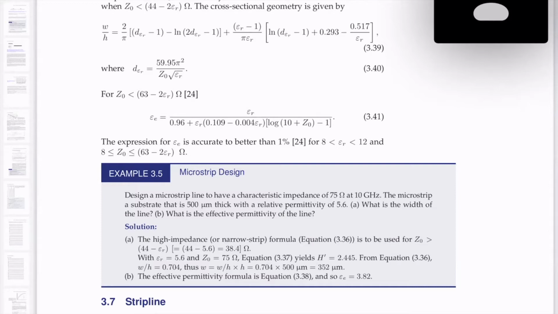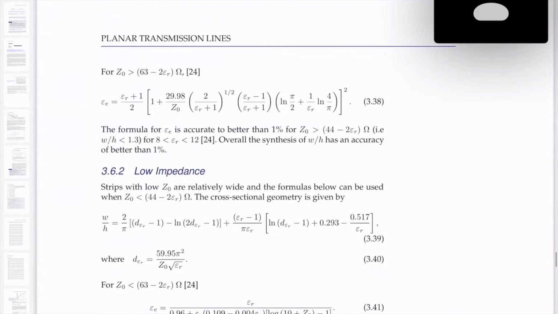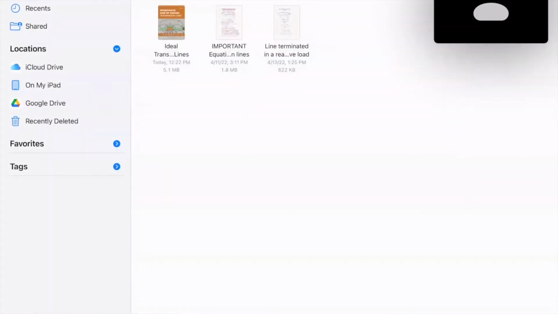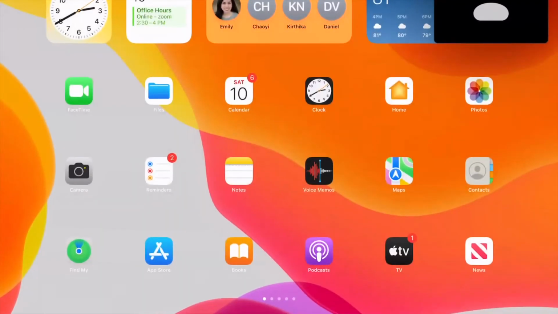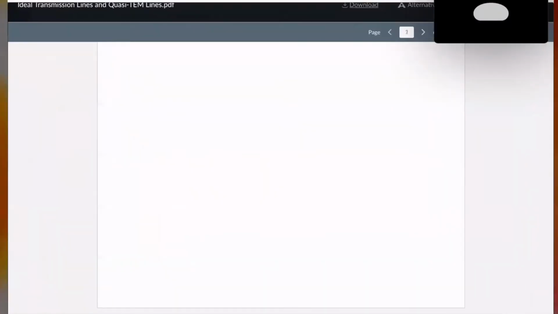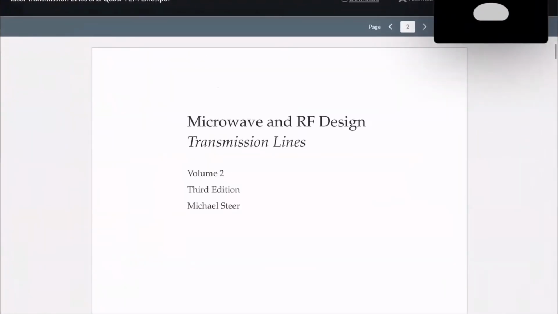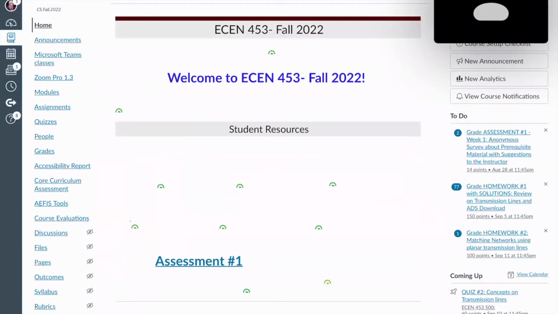I will practically solve a problem similar to problem 9.4. But before, let me see whether it's done from here. One second. I'm trying to go back to assignments.